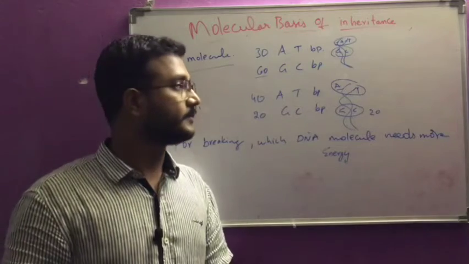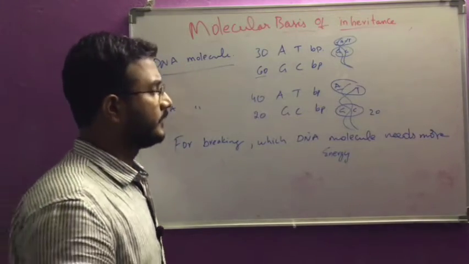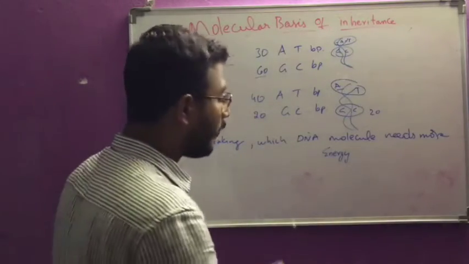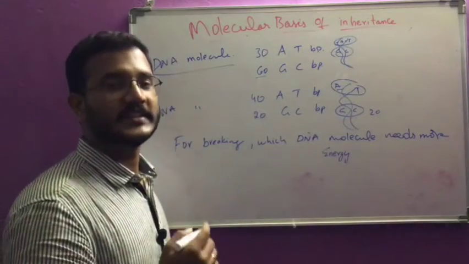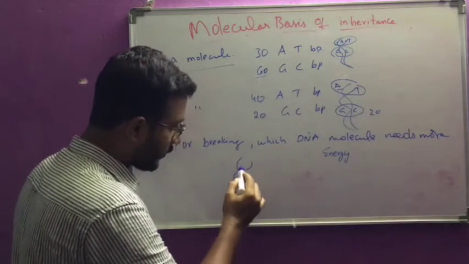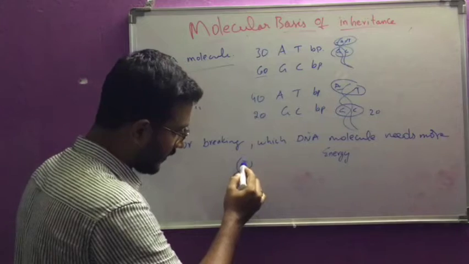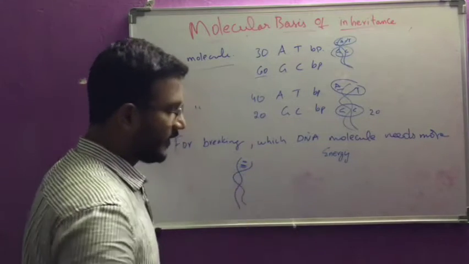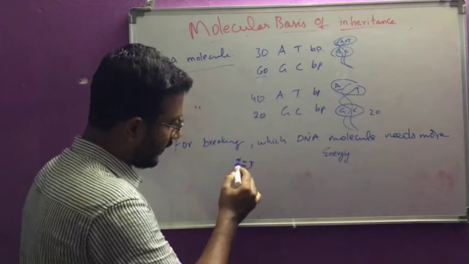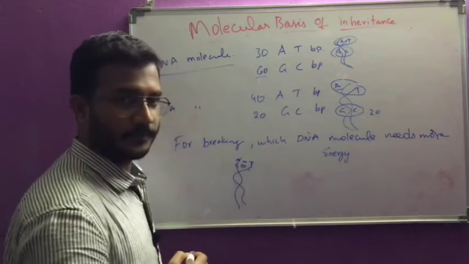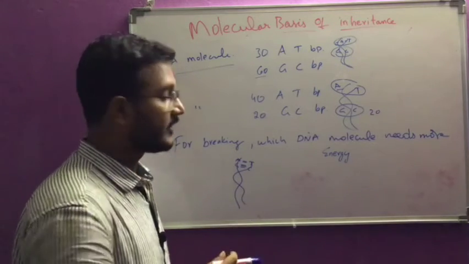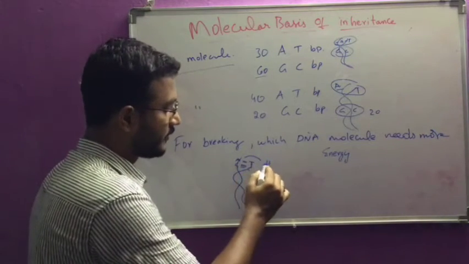Tell me if you can. Here we have to observe what force is attracting these two strands. As I already told you, for example, this is adenine and this is thymine, this is guanine and this is cytosine. These two strands are attracted to each other with the help of hydrogen bonds.